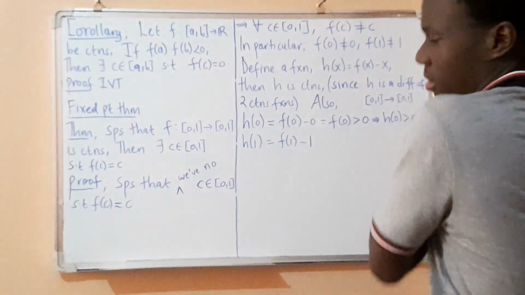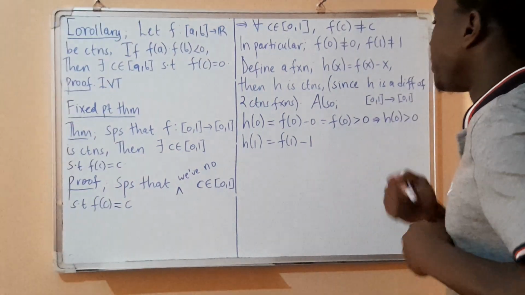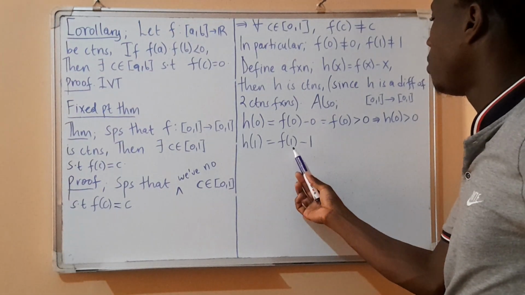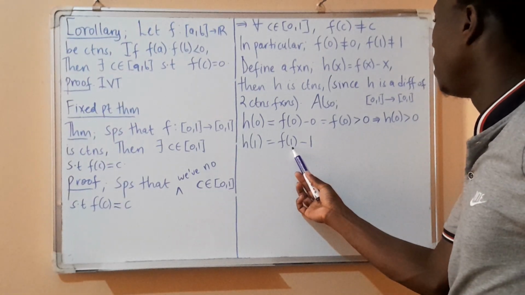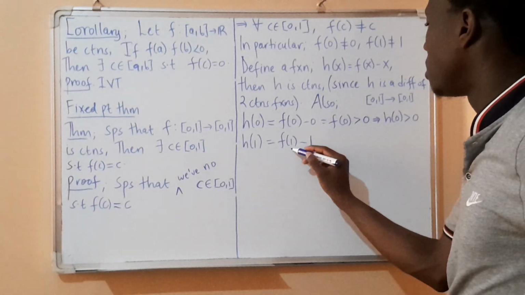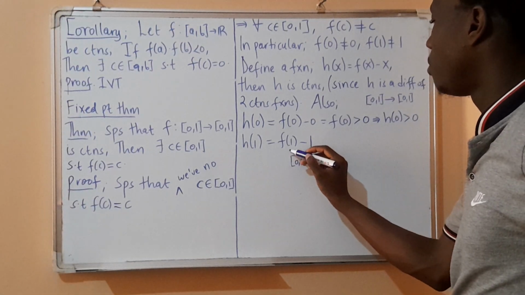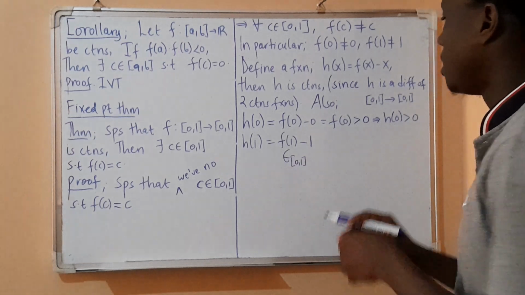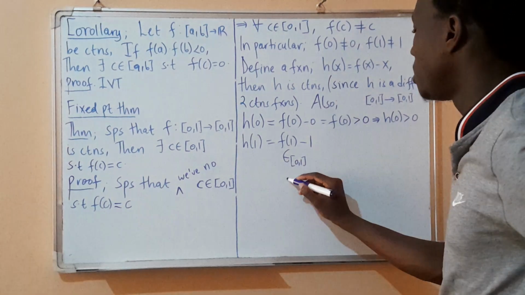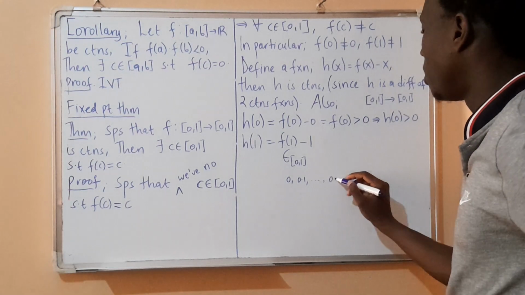Then h of 1, what do we observe about h of 1? Remember f of 1 is the image of 1, so f of 1 is in this interval [0, 1]. F of 1 can be 0, 0.1, up to 0.9.